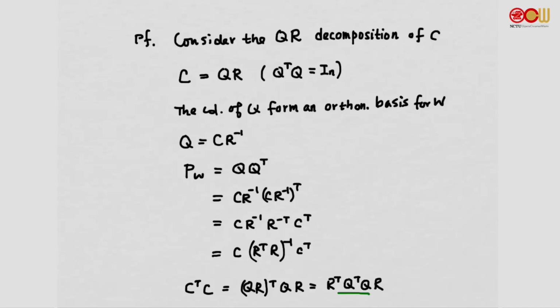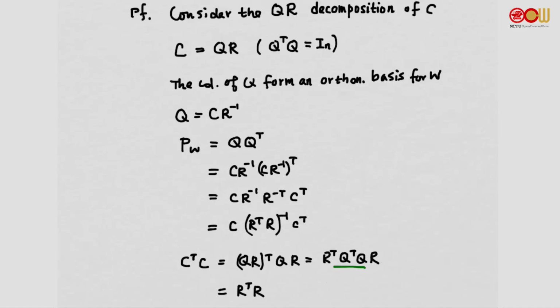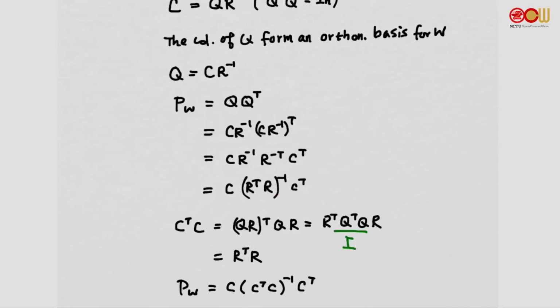It's the identity matrix. So C transpose C is in fact equal to R transpose R. And now we can substitute R transpose R by C transpose C here. Then we get PW in this expression, and that's what we want to show in the theorem.